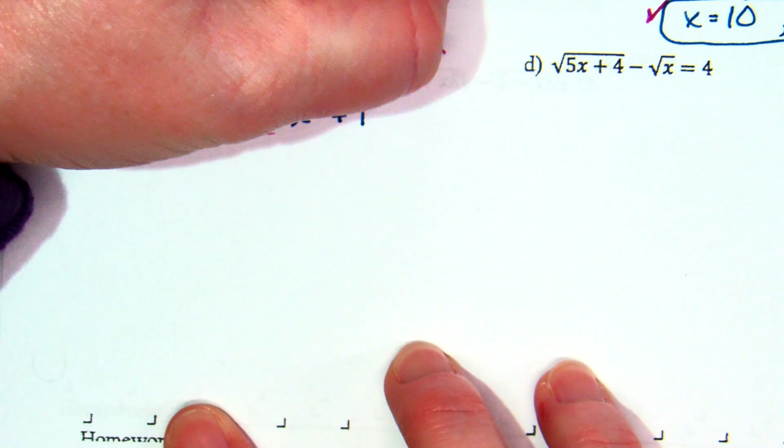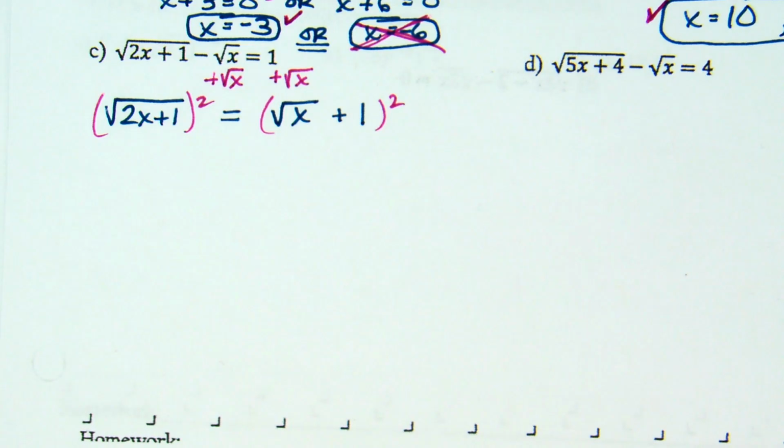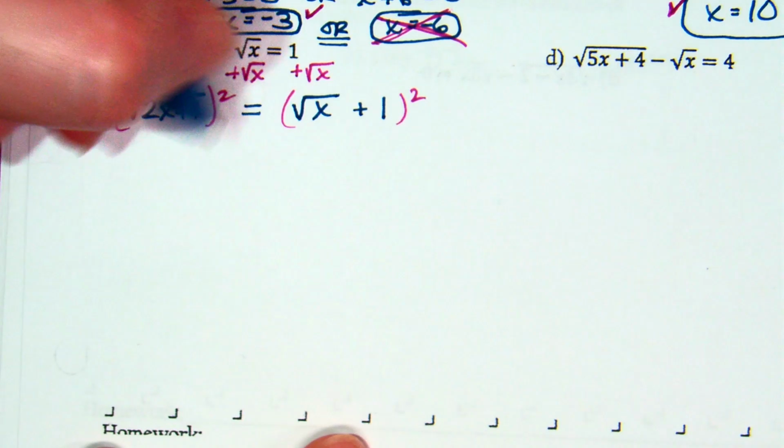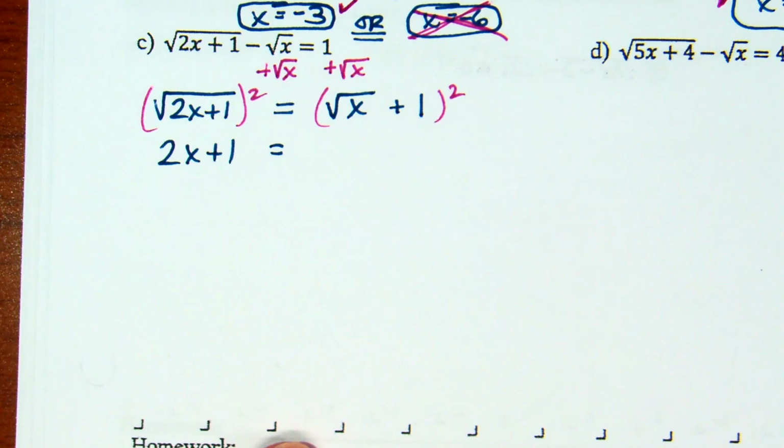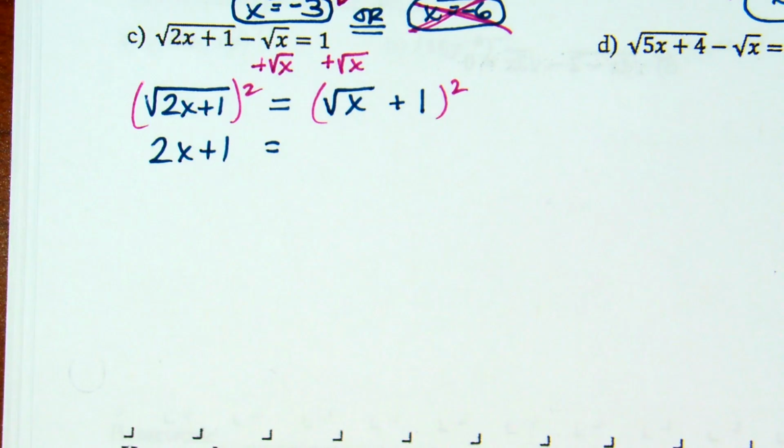What about the right? We're going to have to FOIL. And here's what's going to happen, guys. We're still going to have square roots in our problem at this point, because we have this other plus 1 here. So, we are going to FOIL.